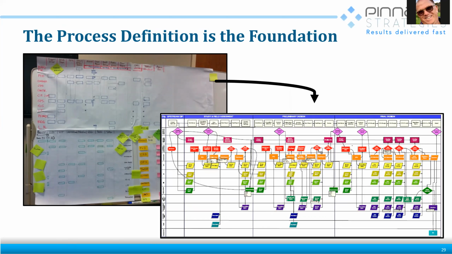It might be a PERT diagram, and I'll show you one here in a little while, or it might be the stage gate process, but the process definition is what's defining what are the task predecessors and successors, deliverables, and accountability. So before you even build a board, you have to spend time with this. So this is your input to your simplification process.